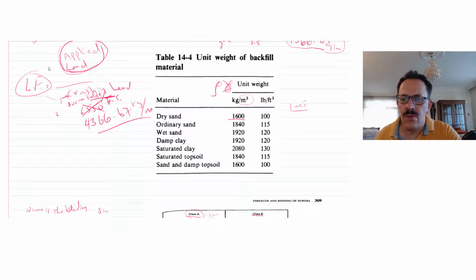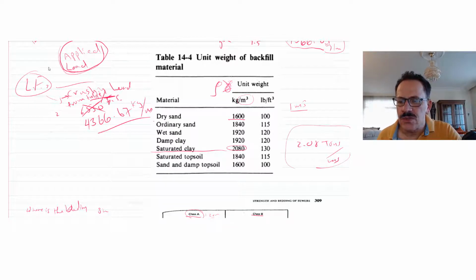Now usually if you are using clay or soil in our climate, you can be aware that it will not be more than 2.08 tons per meter cube.